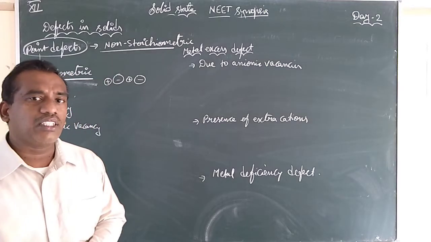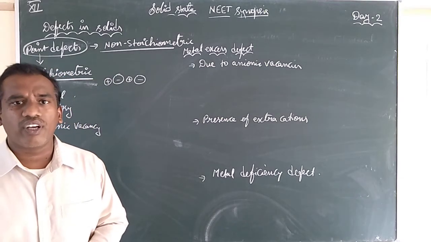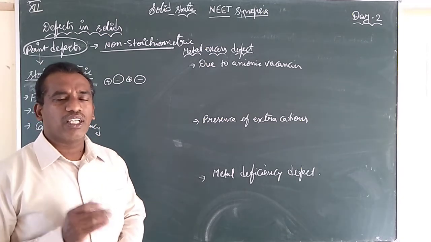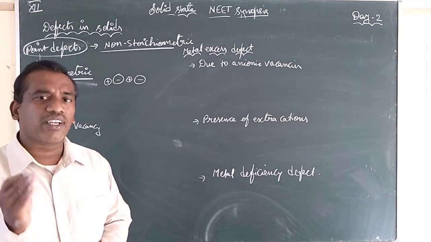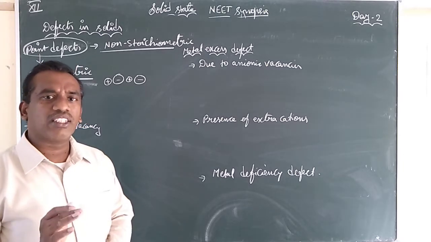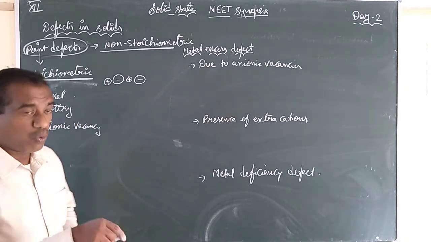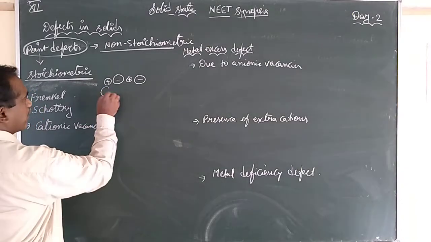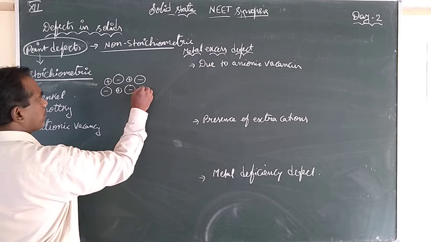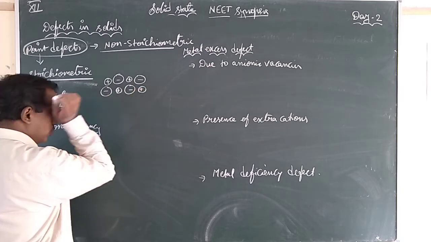There is a large difference between the radius of the cation and the anion. So in systems with a large difference between cationic radius and anionic radius, we can see the Frenkel defect. What is meant by this Frenkel defect?